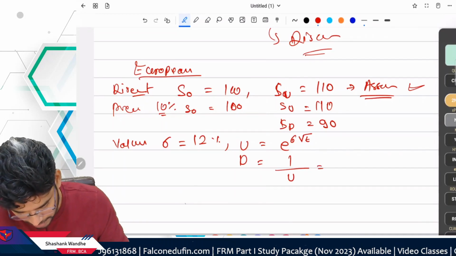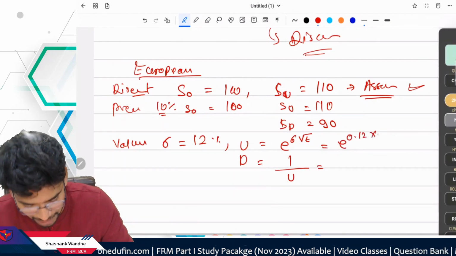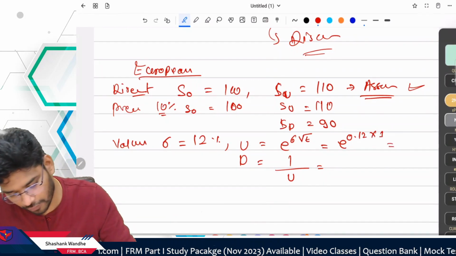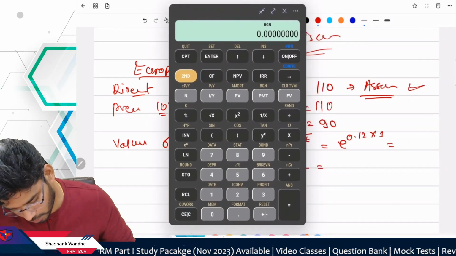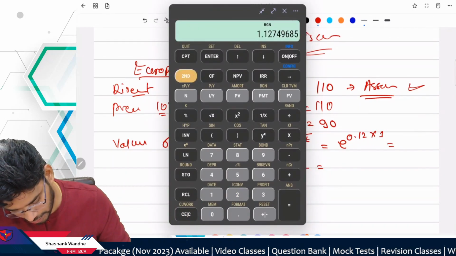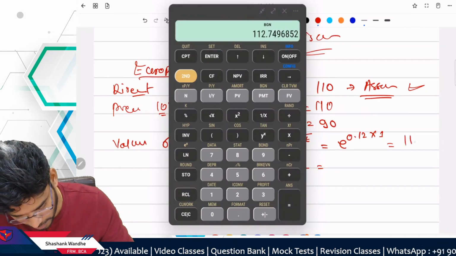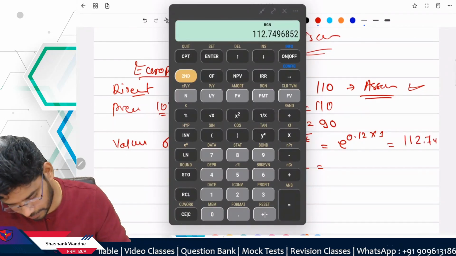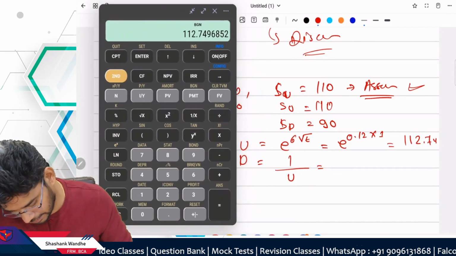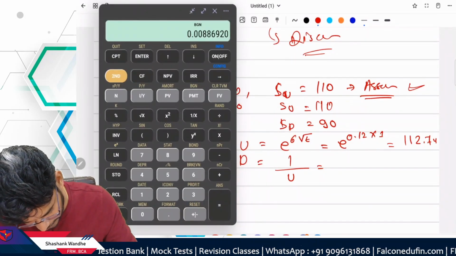If you do this calculation, e to the power 0.12 multiplied by under root 1, because we are doing the calculation for 1 year, take 0.12 second exponential, multiply by 100, and the answer is 112.74, and 1 by x.